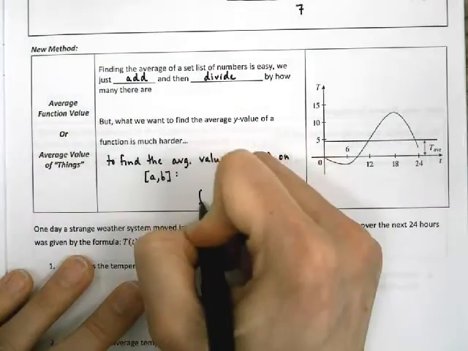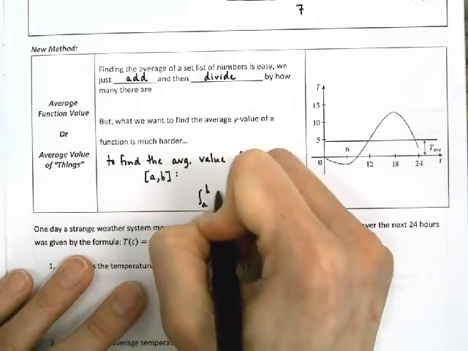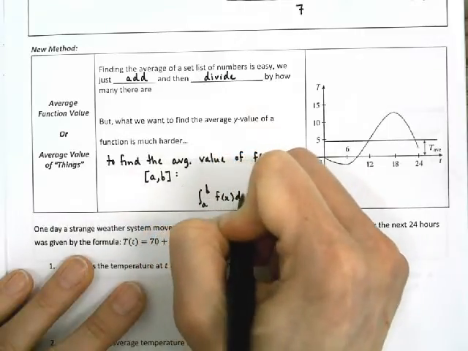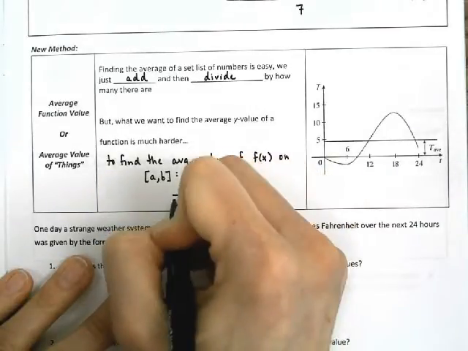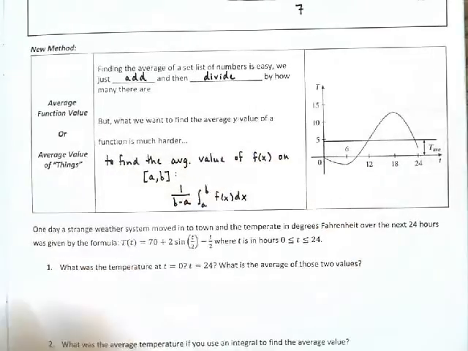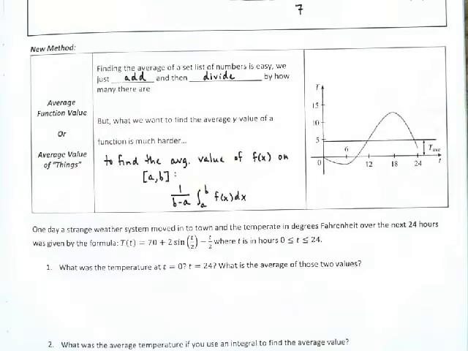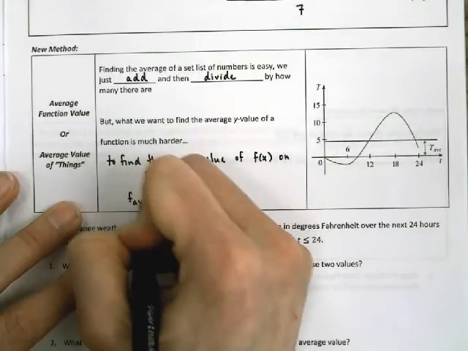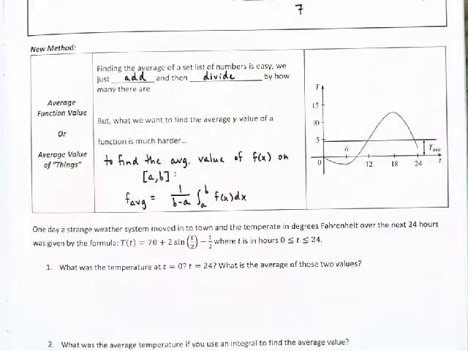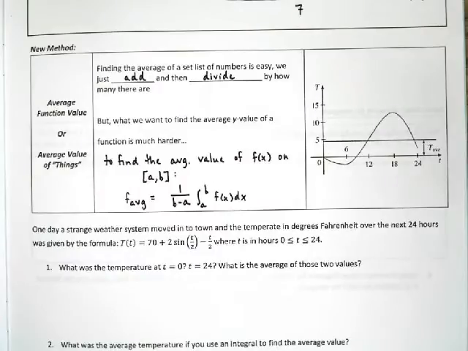We're going to take the integral from a to b of f of x dx, and then we're going to multiply that by 1 over b minus a. That's going to give us the average value of that function. So sometimes you'll see me denote it by f with subscript average. So the average value of that function is 1 over b minus a times the integral from a to b of f of x dx.